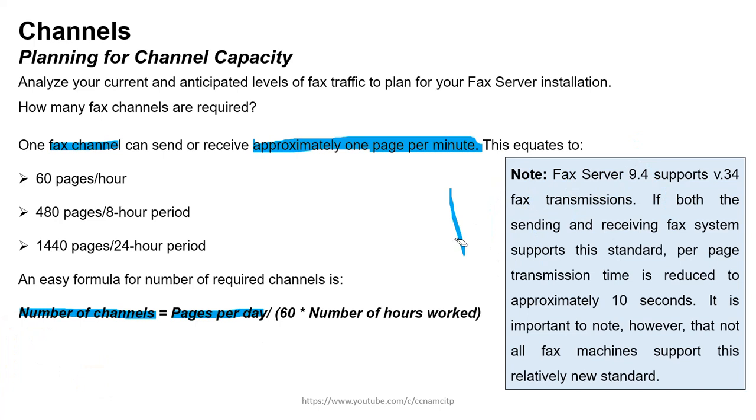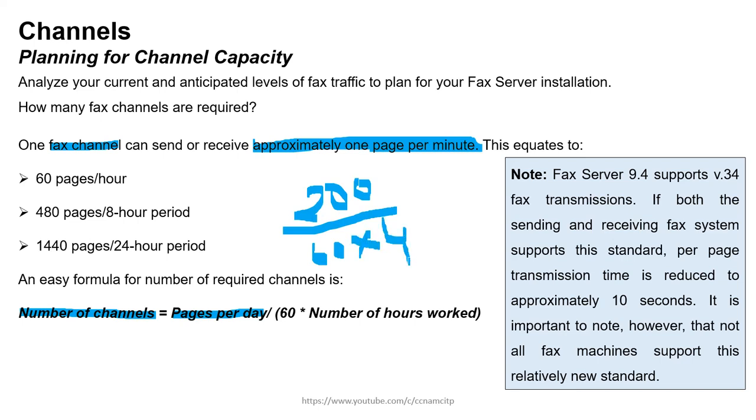Pages per day divided by, and for example, I'm just giving 200. Just for example, you have to take 200 and 60 by 60 into, if you are working 4 hours.